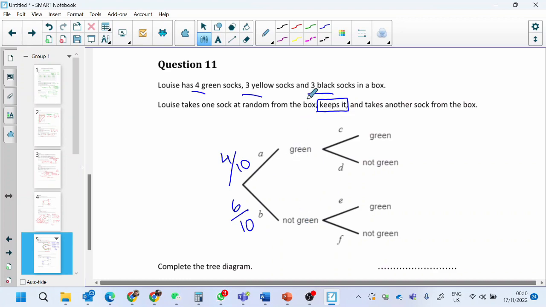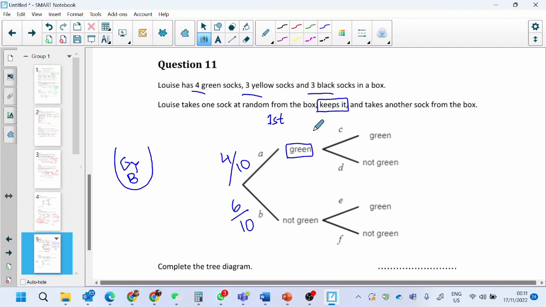And now it says that he takes out one sock and keeps it. So if he keeps it with himself, so in the first attempt, he gets a green sock. So there is a bag, and there are green socks, yellow socks, and black socks. So the probability of green is 4 out of 10, and in the first attempt he gets a green sock out.